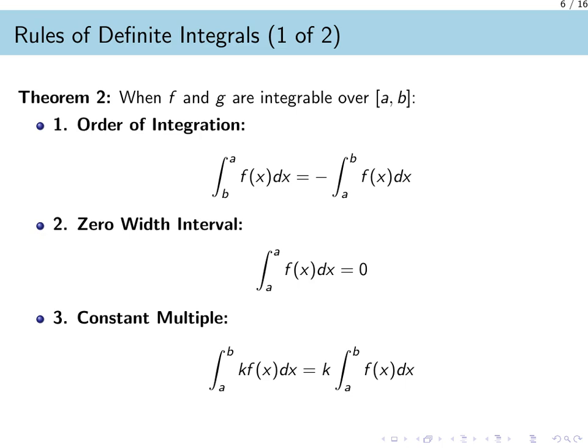Second, if the upper and lower limits are identical, the width of the interval is 0, and thus the integral is 0. Third, a constant factor inside the integral can be pulled outside, just as you would factor a constant out of a summation. These rules simplify complex expressions by allowing us to rearrange terms and limits.